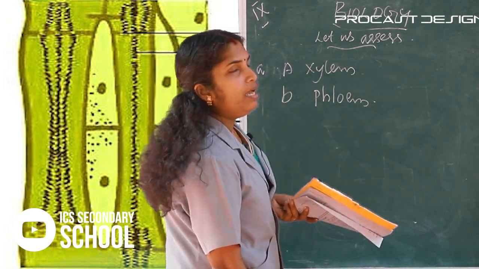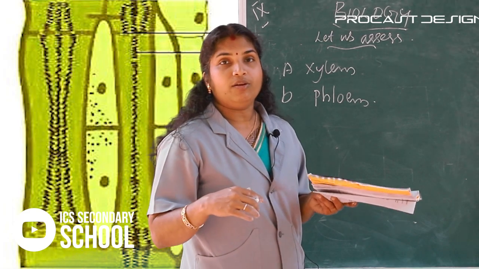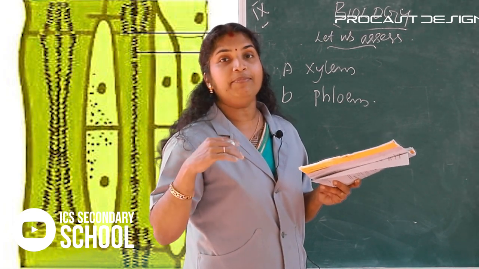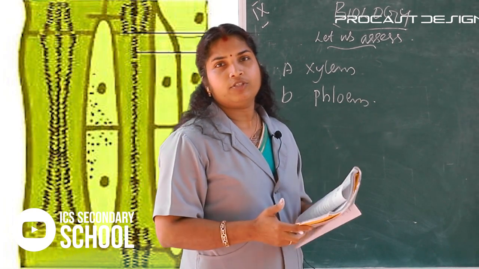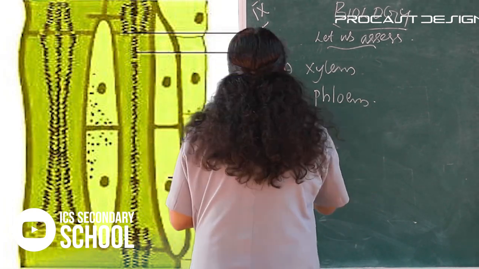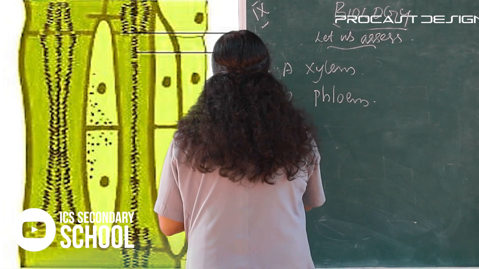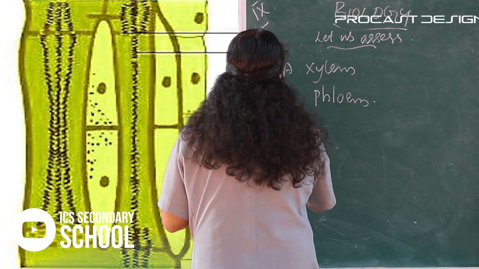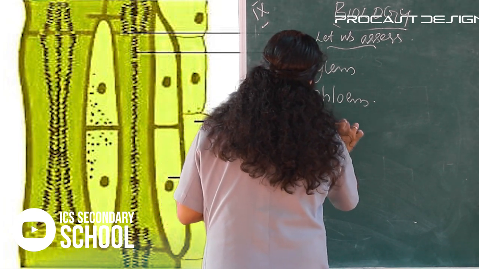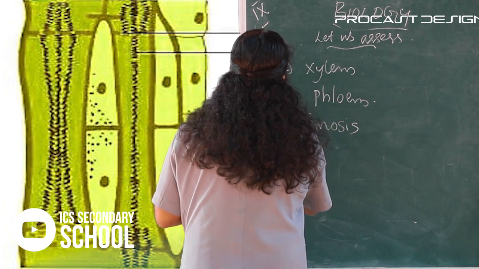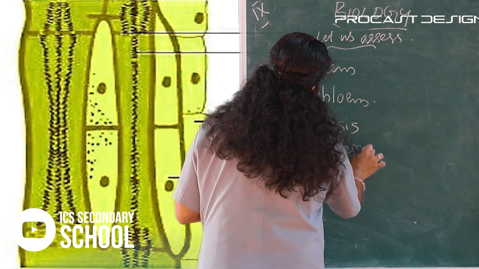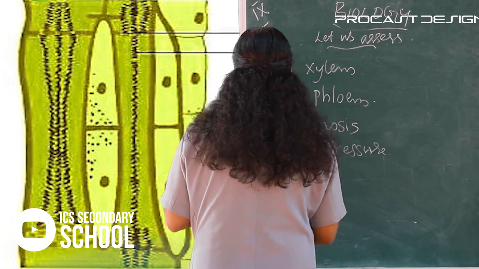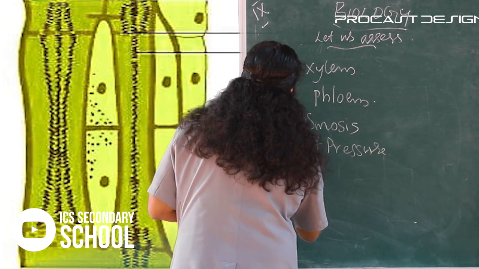Next one, the processes that help in the conduction of water from the soil to the leaves, or the soil to different parts of our plant body. First one, osmosis. Root pressure. Third one, transpiration.